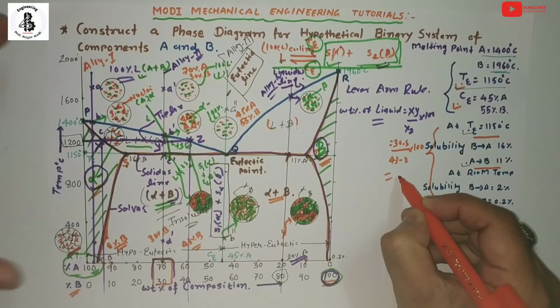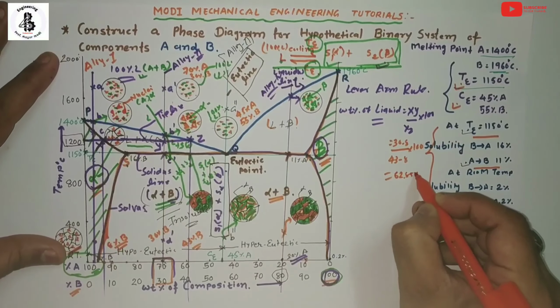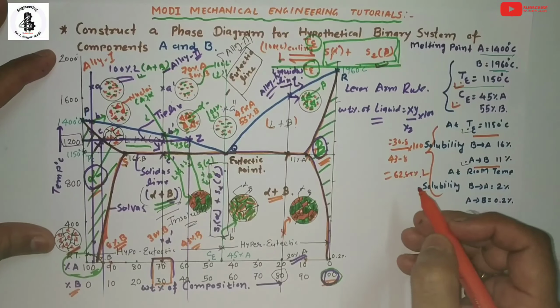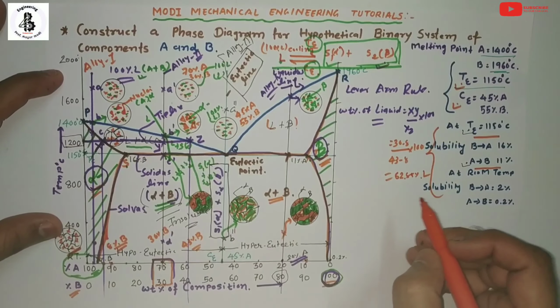So around 62.85% of liquid, and the remaining portion will still be in the solid.